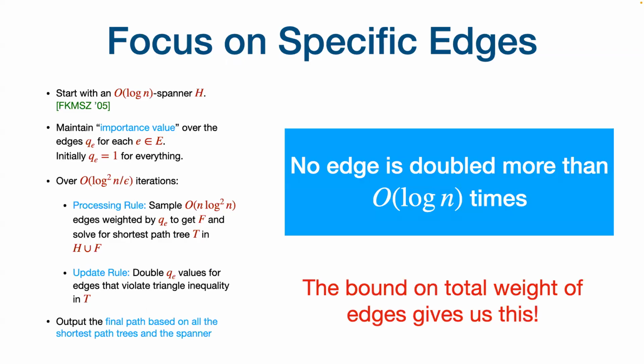I will show no edge is going to be doubled more than order log n times. The total number of iterations was log square n over epsilon. It's saying that inside these many iterations, the number of iterations where some edge gets updated is going to be at most order log n.